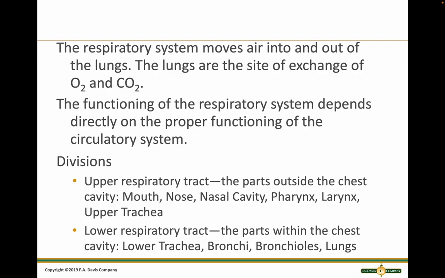veins and the capillaries. And we divide the respiratory tract or respiratory system into an upper and a lower. This becomes important, especially later when we talk about infections of the upper respiratory tract versus infections of the lower respiratory tract.